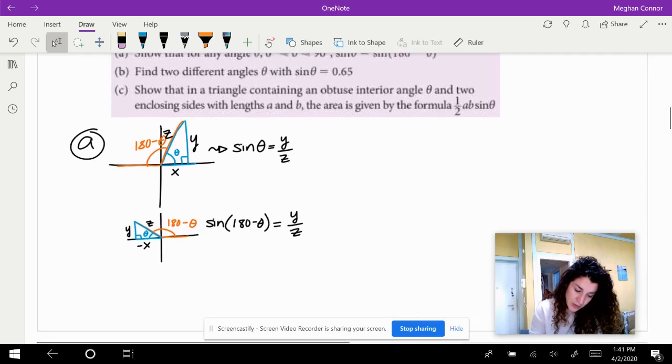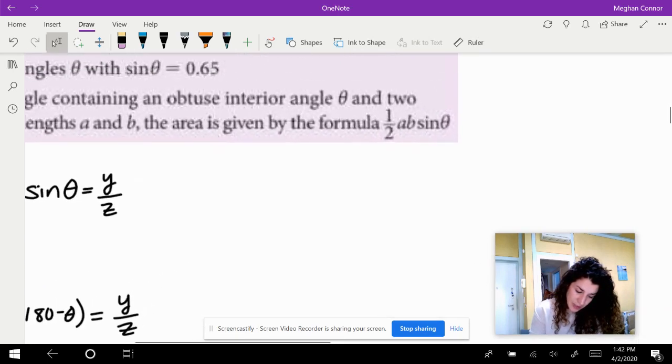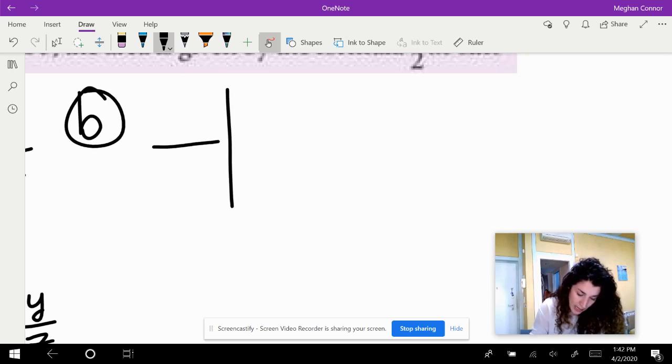Find two different angles, theta, such that sine of theta equals 0.65. There's a lot of different ways to do this. This way, I think, is the easiest.